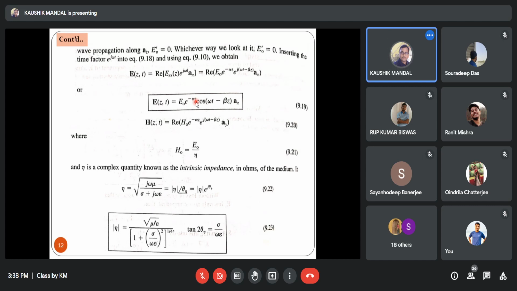These are the general equations of a wave in a lossy dielectric. E(z,t) and H(z,t) represent the electric and magnetic fields propagating along the z direction, varying with time, and attenuating with a factor of e^(-αz).